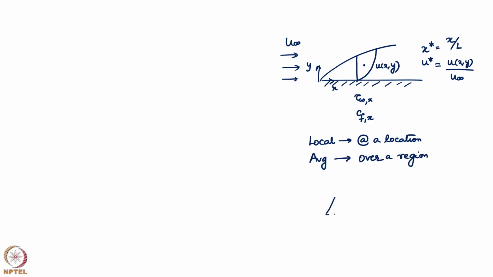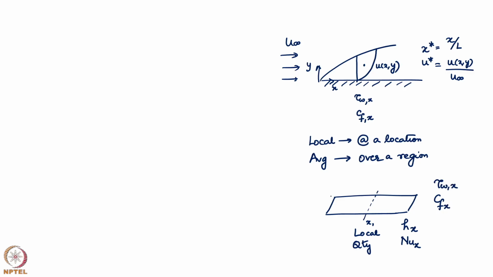So, if I am calling for coefficient of friction or drag at this location x1, I will evaluate local quantities. Heat transfer coefficient at this location is a local quantity, so it will have a subscript, h subscript x, Nusselt number Nu subscript x. In fluid mechanics, you will have the local coefficient of friction, you would have tau wall at that location.